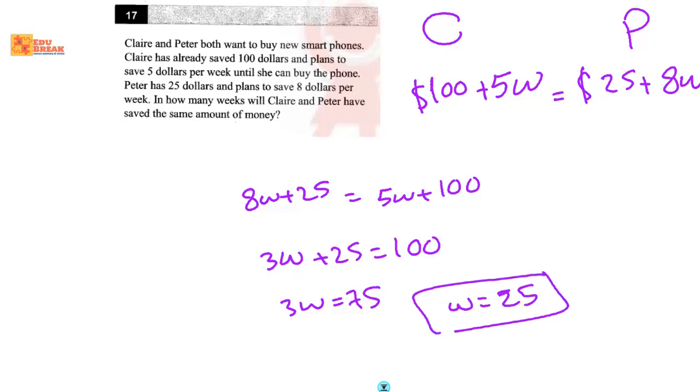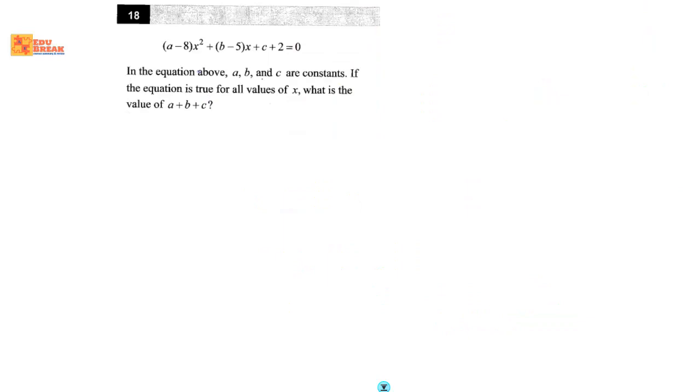Next question. Question 18. (a minus 8)x squared plus (b minus 5)x plus (c plus 2) equals 0 in the equation above. a, b, and c are constants. If the equation is true for all values of x, what is the value of a plus b plus c? It means we compare the coefficients between the left-hand side and the right-hand side.